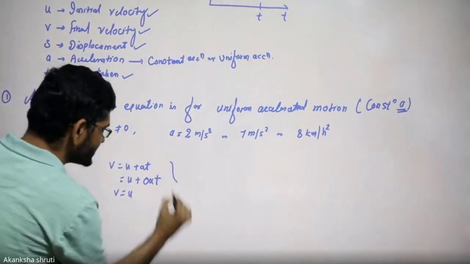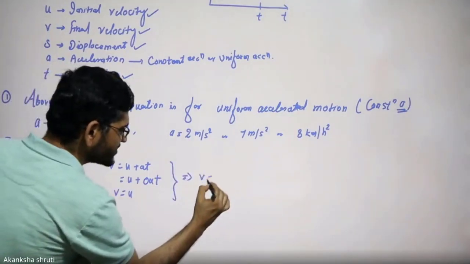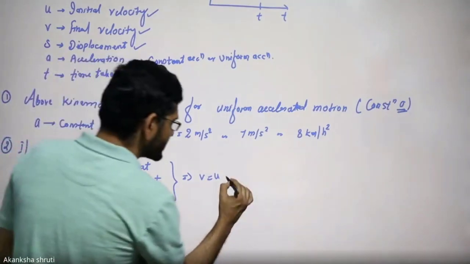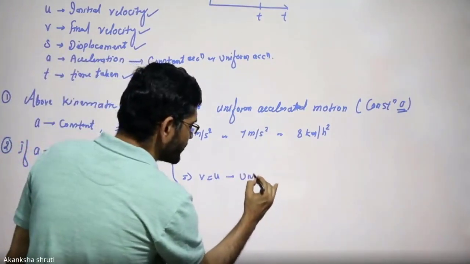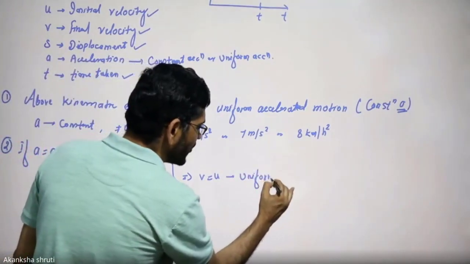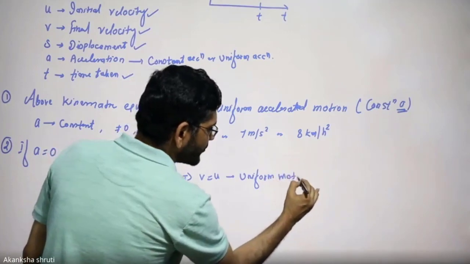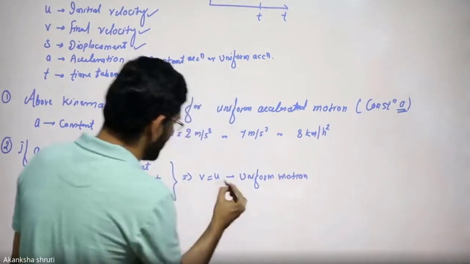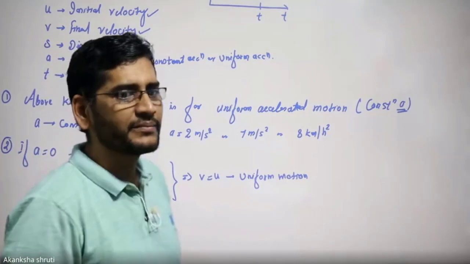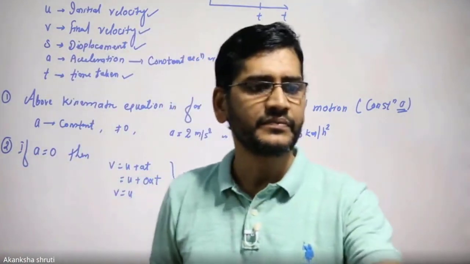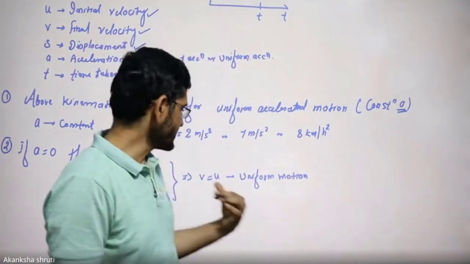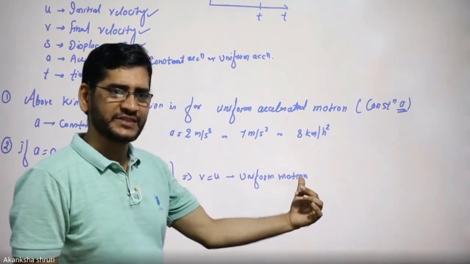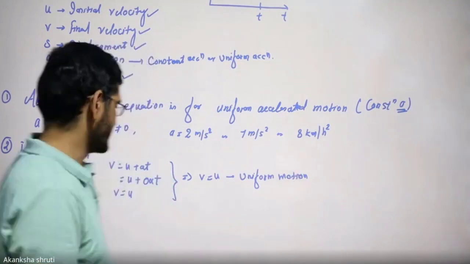This indicates v equals u, which is called uniform motion. We have learned that in uniform motion, the speed remains the same. So it is the representation of uniform motion.